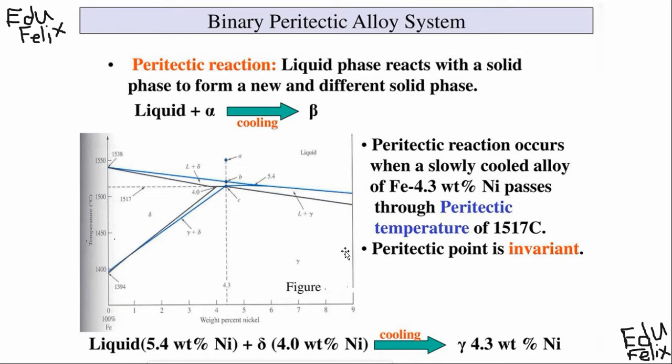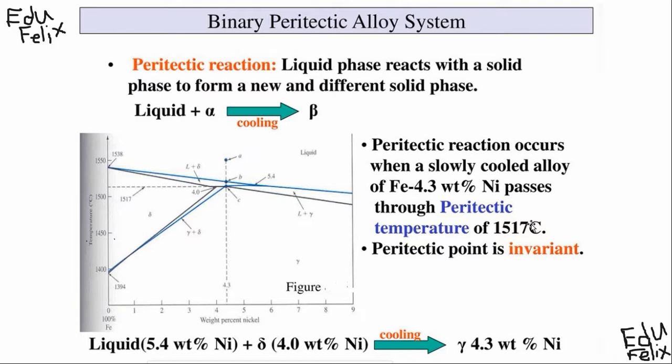Normally we can predict a binary system, but in special cases, due to the effect of having different structures, you have FCC, BCC and all of this.